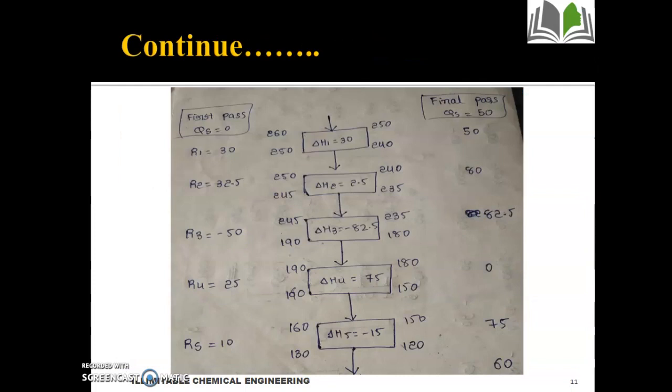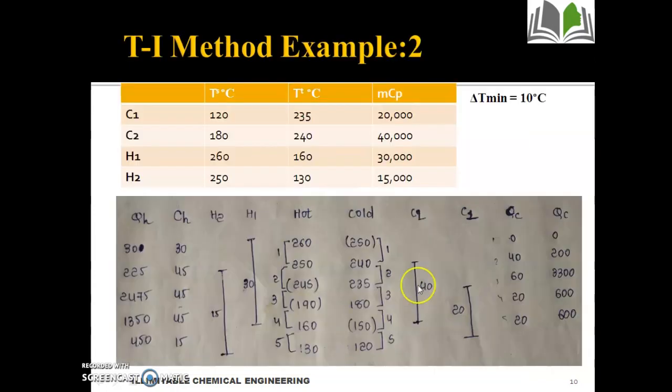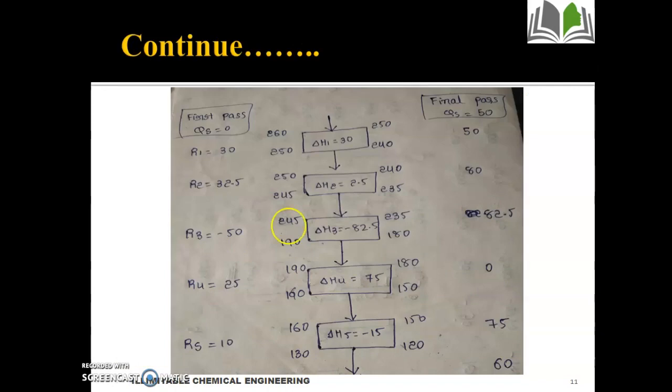Now next we can draw the cascade from this data: delta H1, delta H2, delta H3, delta H4 and delta H5. How can we calculate this delta H? So QH minus QC, this is how we can calculate delta H, QH minus QC.